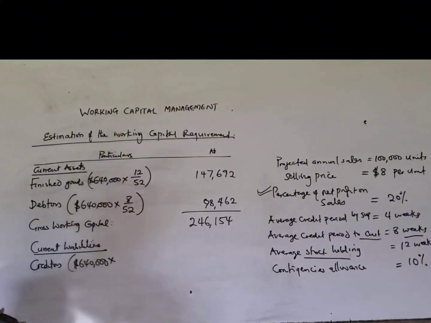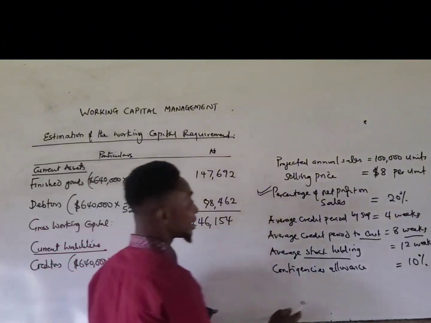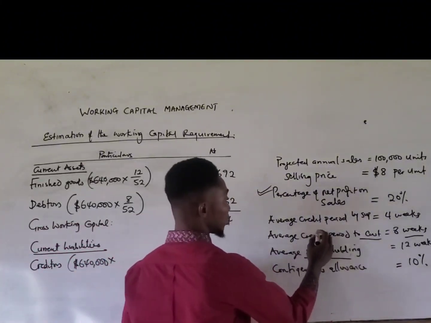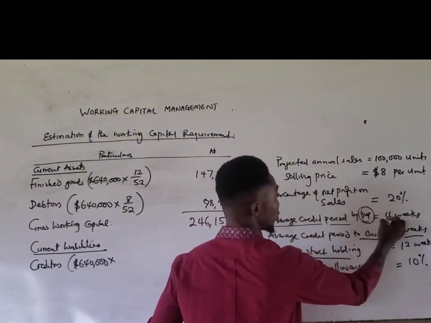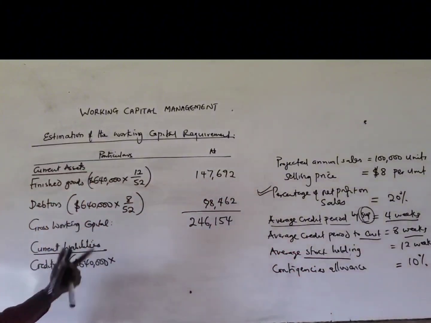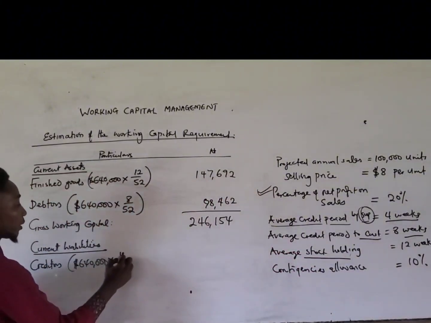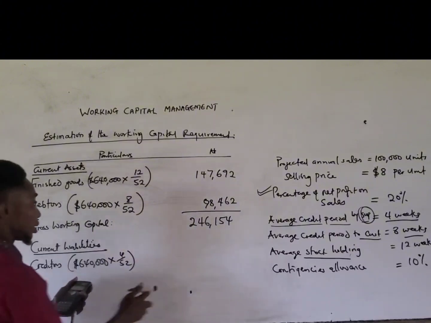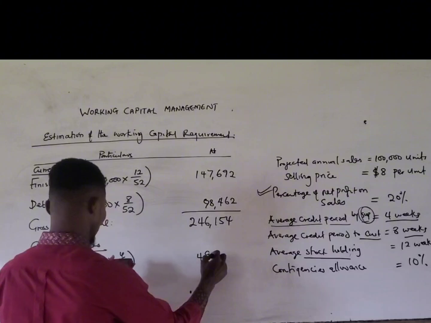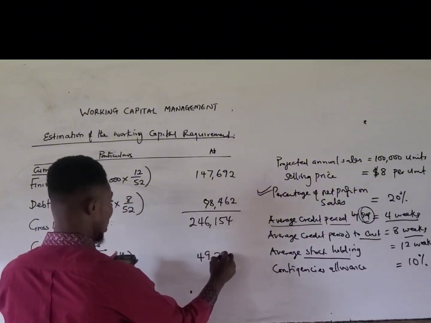So remember, 640,000 times how many weeks is given for creditors as repayment period? The average credit period by the suppliers, which is known as the creditor, they gave the company 4 weeks. That will be 4 over 52. That will give us 4 divided by 52 times 640,000, and that's 49,231.